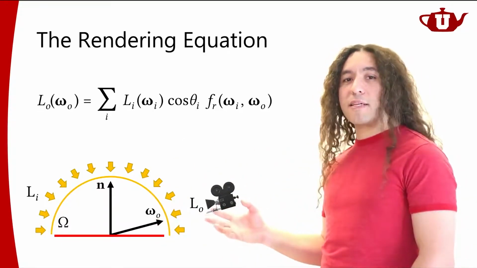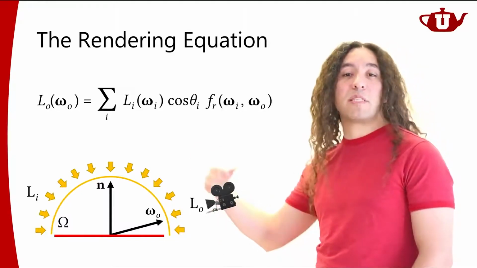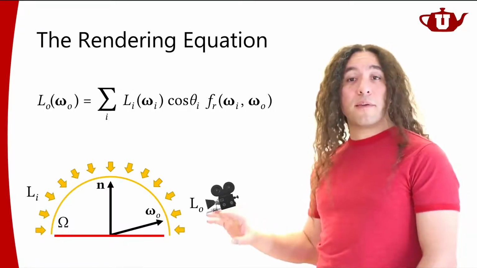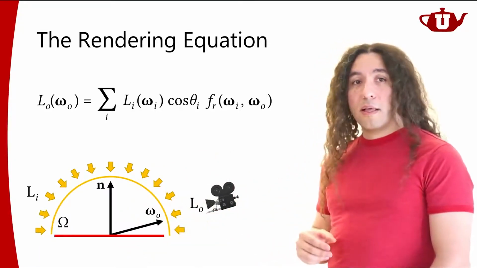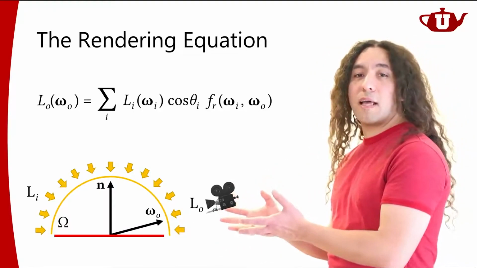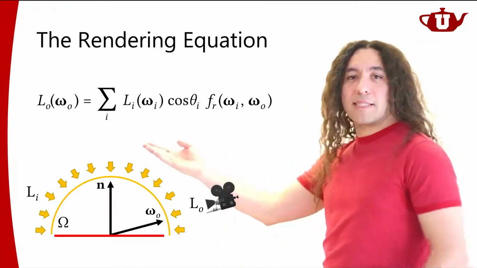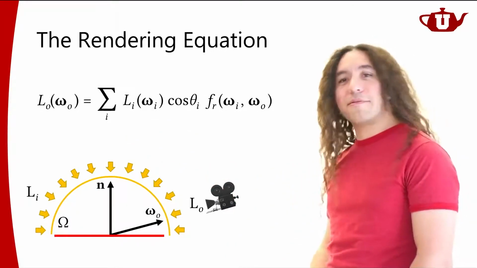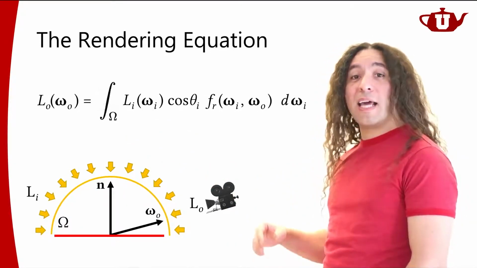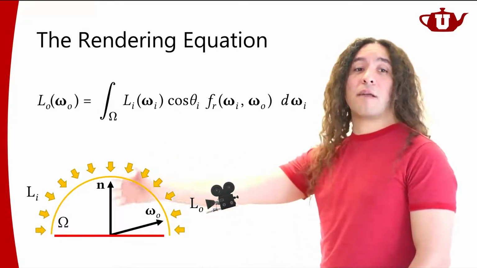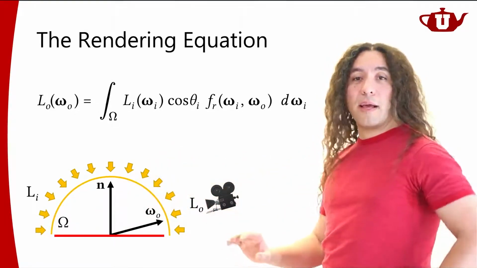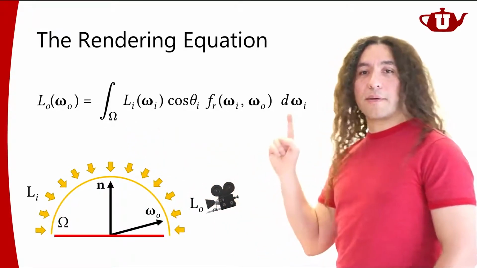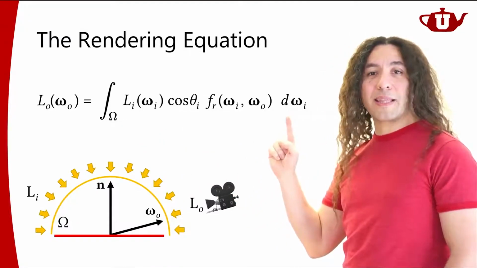So you can really think of this as light coming from all over this hemisphere, the hemisphere represented with this capital omega symbol. If the light is coming from all directions, then instead of a sum for a finite number of directions where I have light sources, I can think of this as an integral over this entire hemisphere omega that defines all of my omega i incoming light directions.